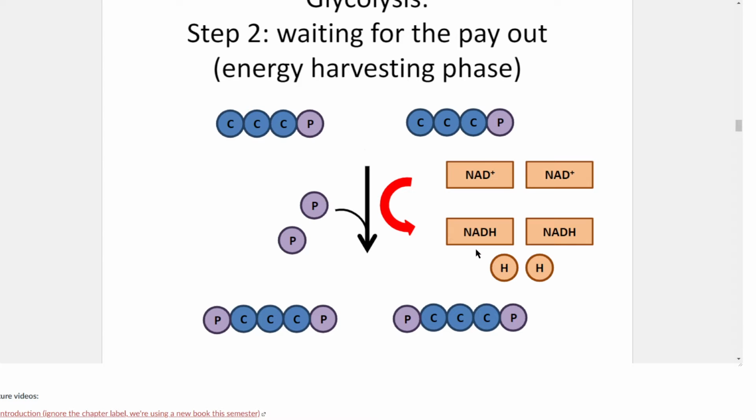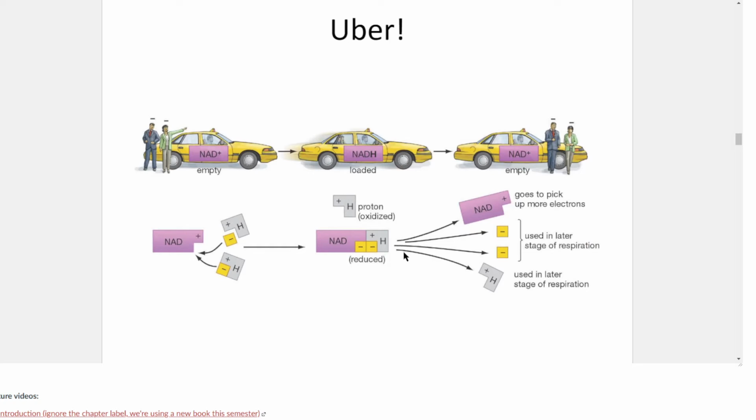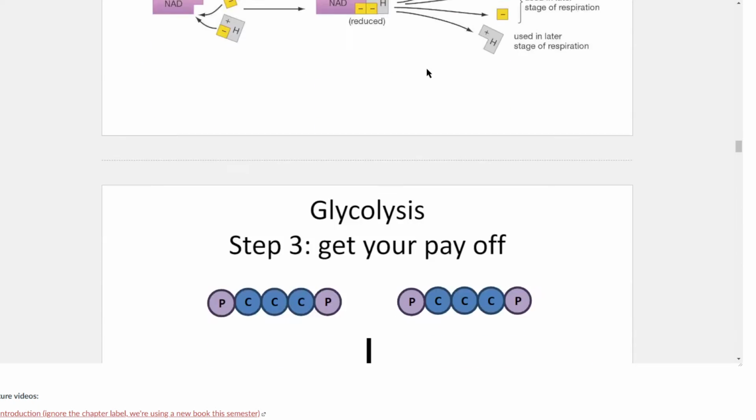So we'll have electrons that we can use later on. NAD plus is like an Uber. It will pick up electrons, drop them off, and look for more electrons.